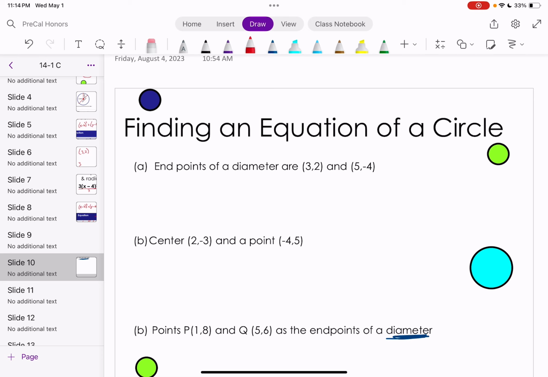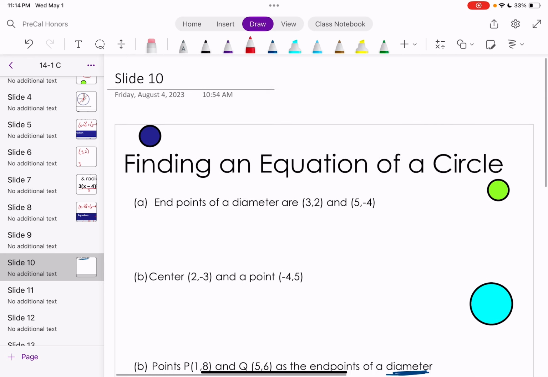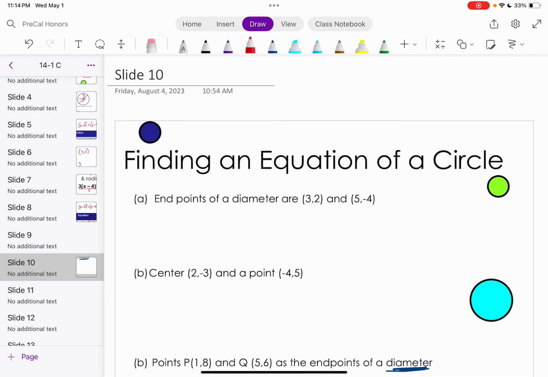Now, it is extremely important to be able to understand what it is that we are going to be looking for within each one of these equations. So first thing is understanding we are looking for the equation that makes this circle. Now, there are two things that you need in order to solve the equation.